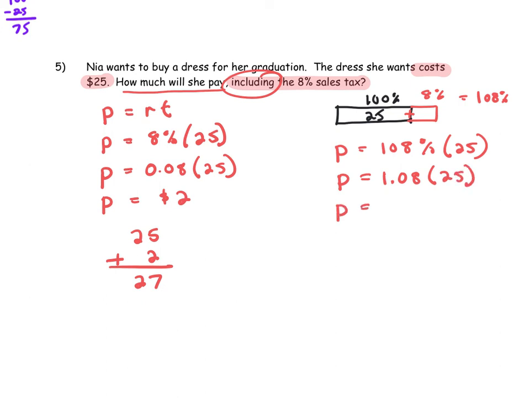So if we multiply 1.08 times 25, what's the answer? If you said 27, you're correct. And this method goes directly to the total cost if you're asked including. However, this one gives you the tax, which we add, and then we can also get to 27 again.